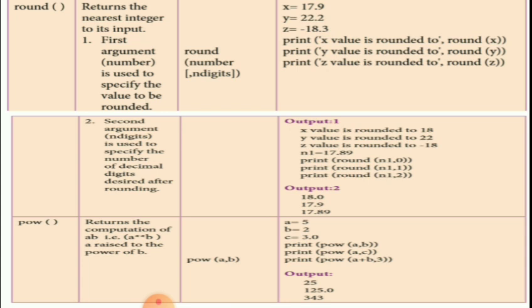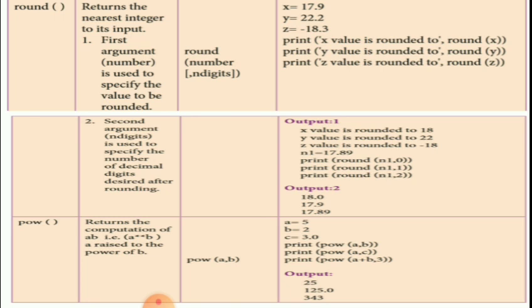Here the precision gives a maximum of 1 position, so it converts the value to 17.9. The next one is round with n1 comma 2 precision. So already we gave the input with 2 precision, then we got the output as the same value, 17.89.